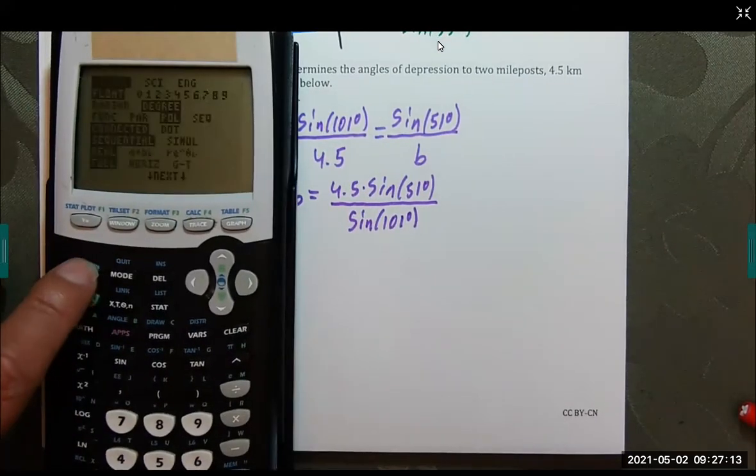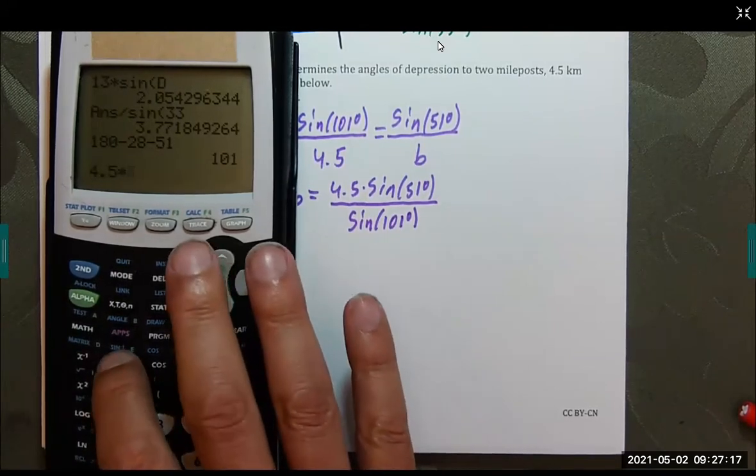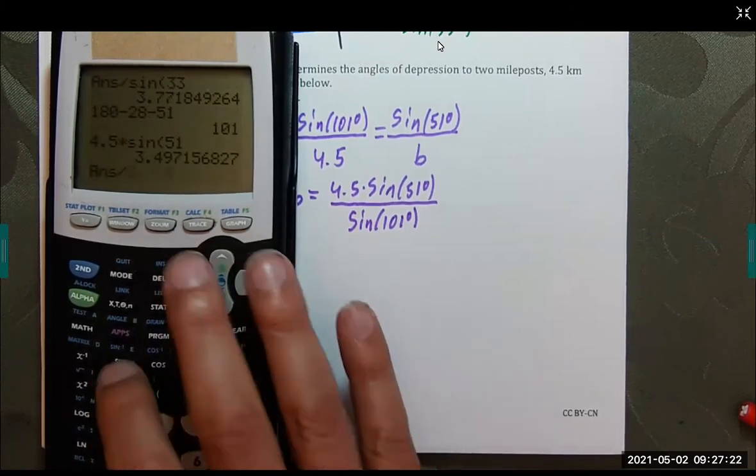So we're in the right mode. 4.5 times the sine of 51 degrees divided by the sine of 101.